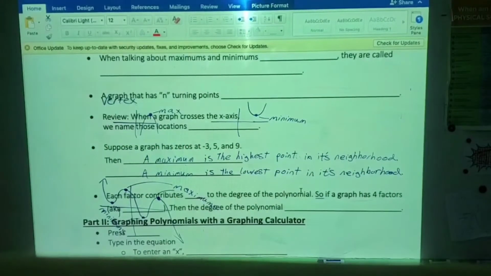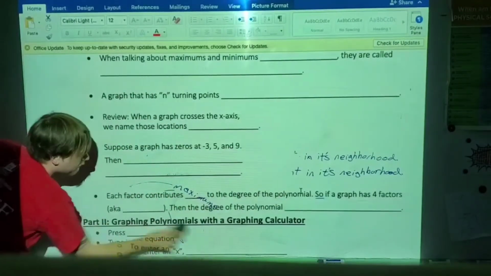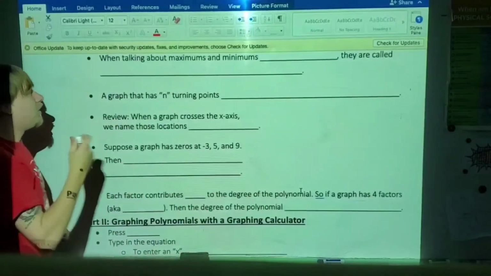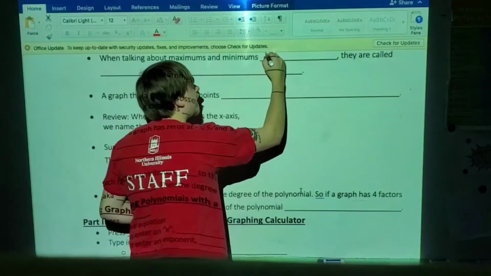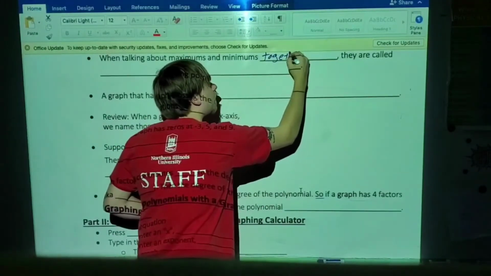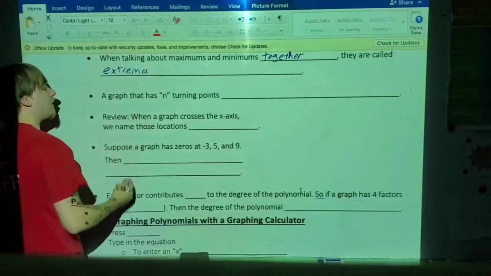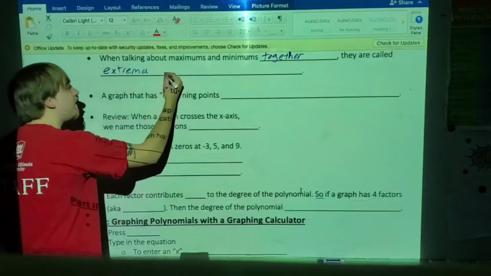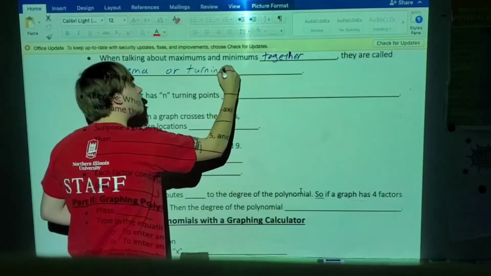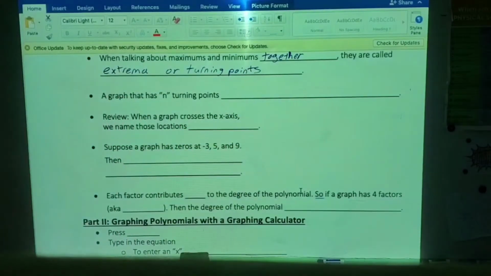All right. So when we talk about these things together, maybe we don't want to just talk about the maximums, maybe we don't just want to talk about the minimums, we want to talk about both of them. So when talking about maximum and minimum together, they are called extrema, because they're the extreme points of a graph, or turning points.